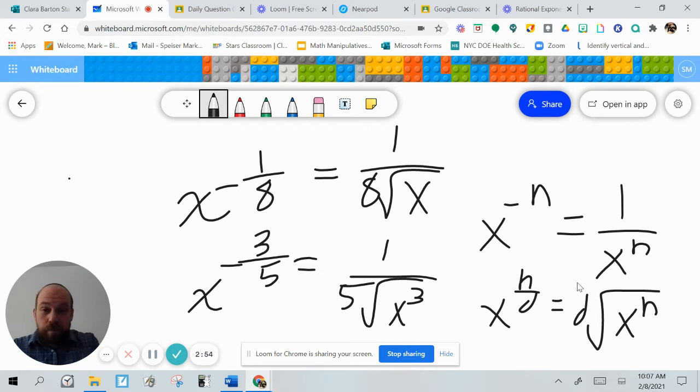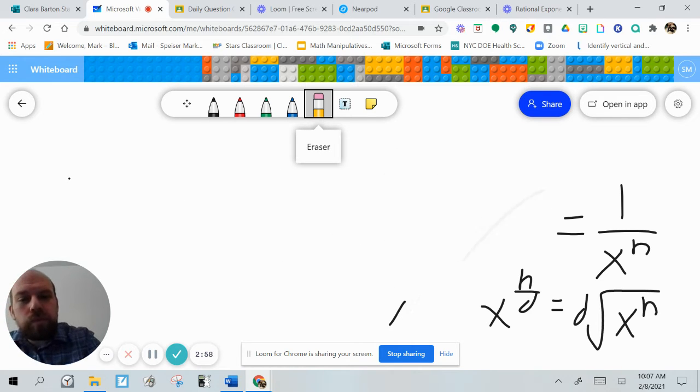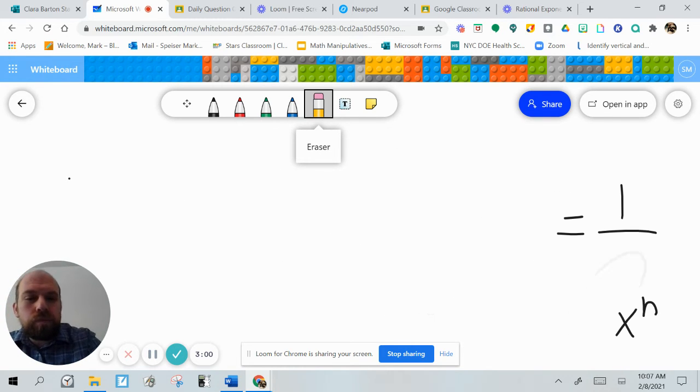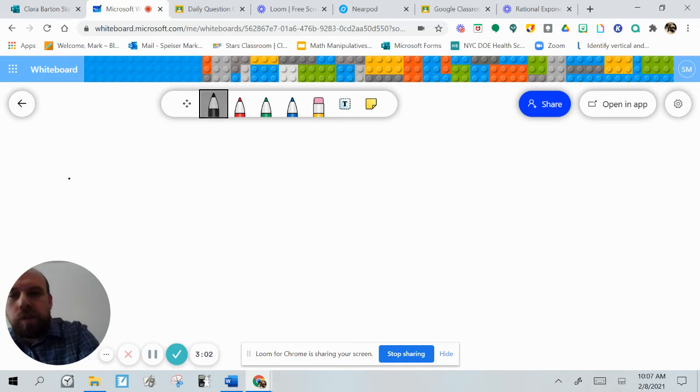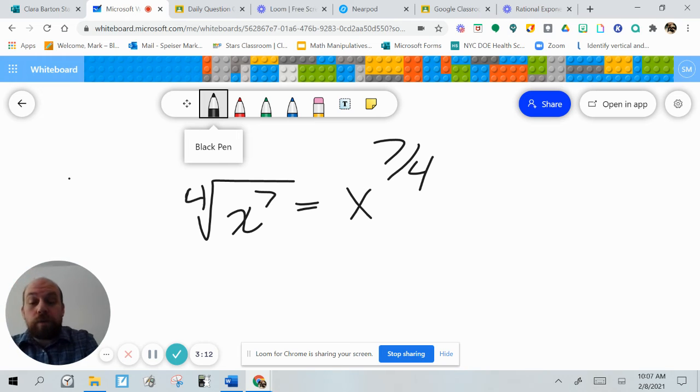Okay, let's go backwards. So if we started with the 4th root of x to the 7th, that'll be x to the 7 over 4.